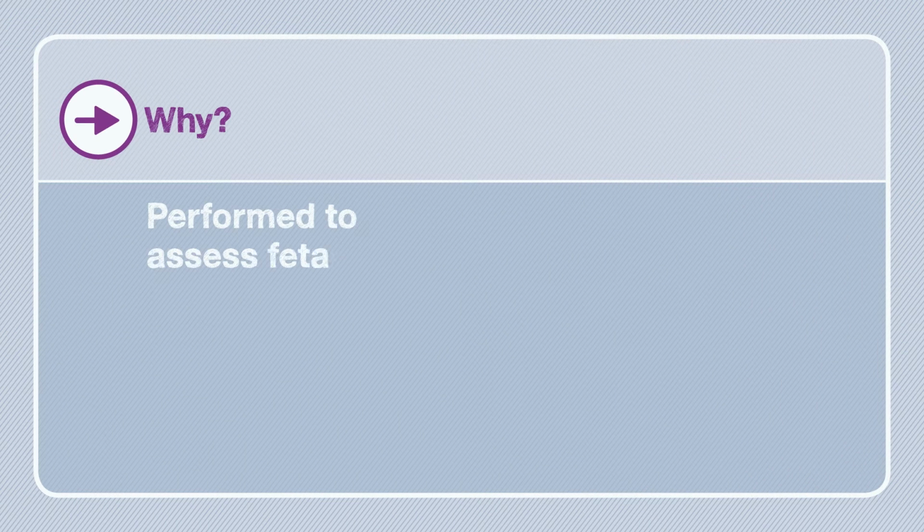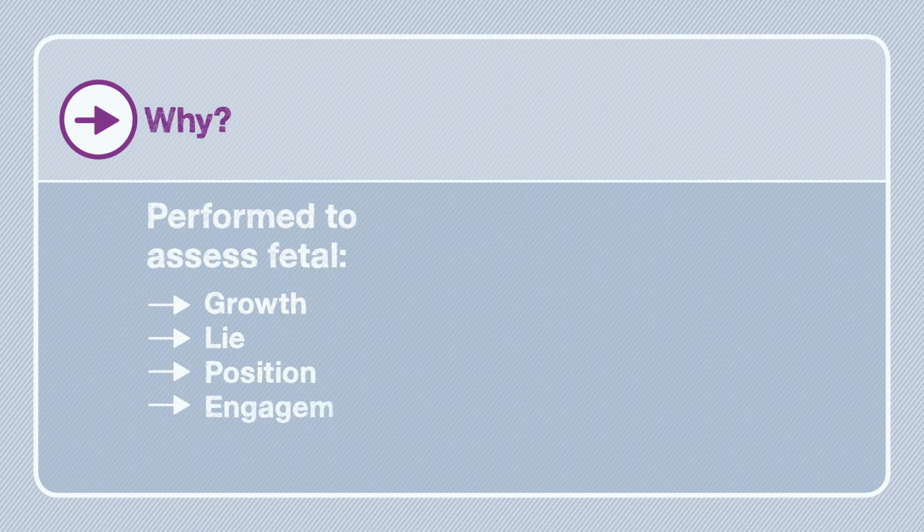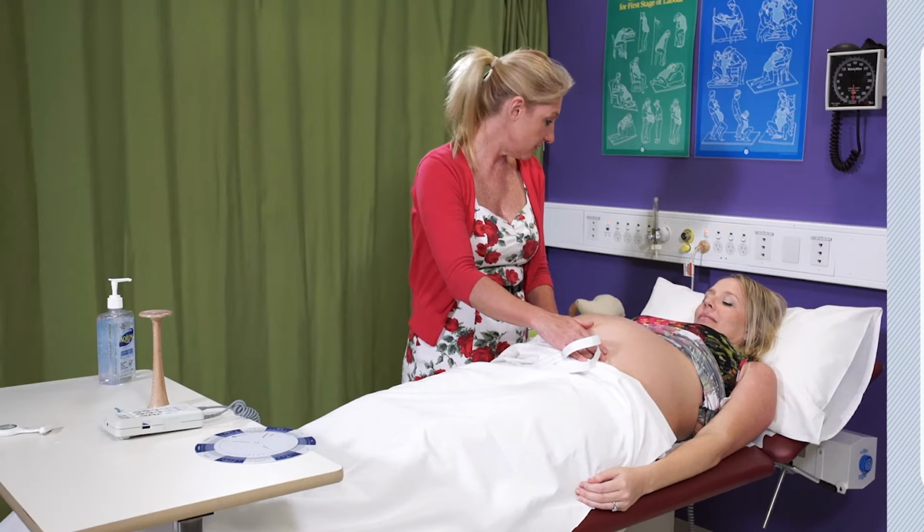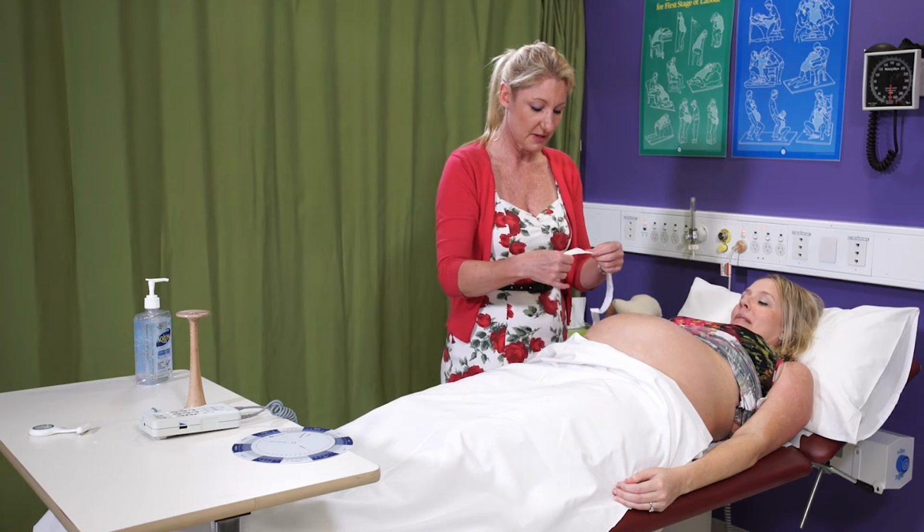Palpation is performed to assess fetal growth, lie, position, and engagement. Growth is assessed by measuring the distance between the fundus and the symphysis pubis with a tape measure. You comfortable? Yeah. All right, I'll just measure it.